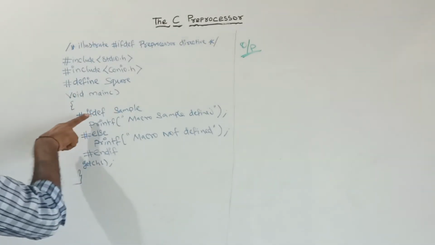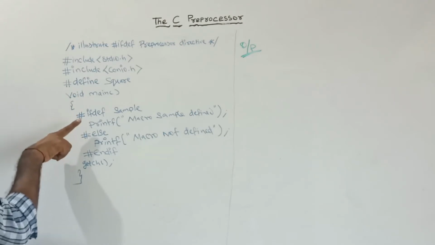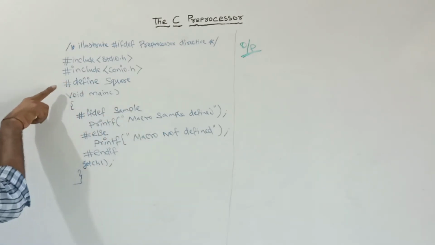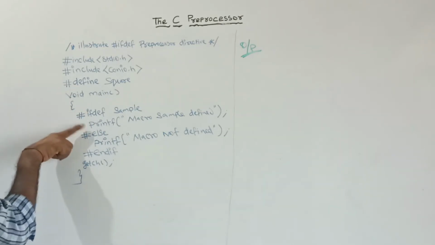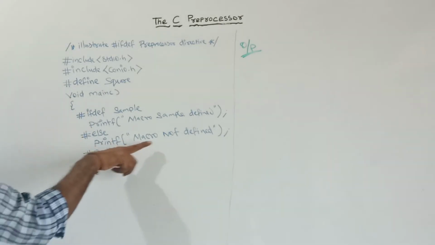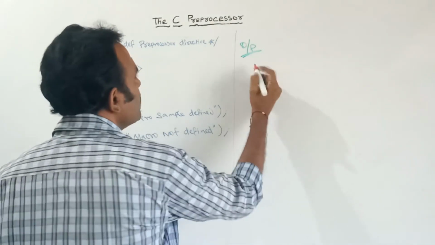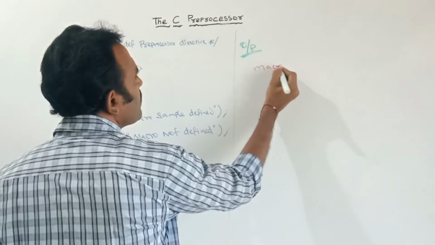If it is defined, then it will return true, otherwise it will return false. Here sample was not defined above, so this part will be false. So in the else part I am telling it to print that the macro is not defined. So this message will be displayed.